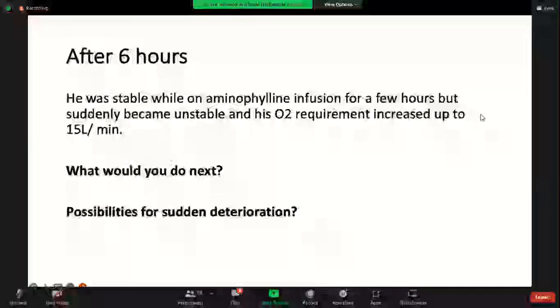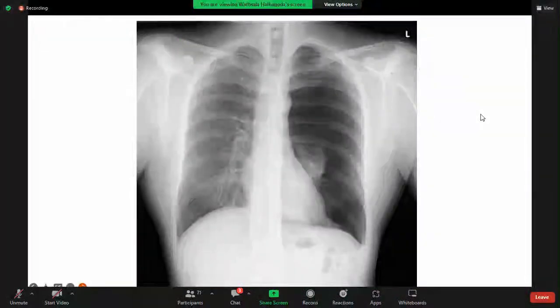Madam, if there's a sudden deterioration, it could be pneumothorax or type 2 respiratory failure. Okay, good. So what would you do? For the pneumothorax, we can examine and identify, or do a chest X-ray. For the type 2 respiratory failure, we can do a blood gas analysis and identify.